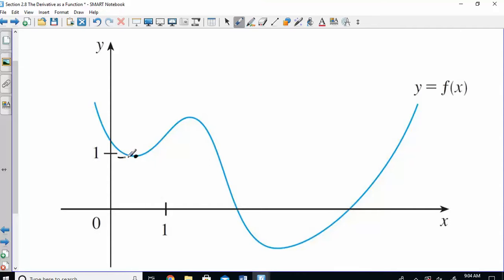Yeah, it would just be straight across. If you have a horizontal line, what's the slope? 0. So right there, the slope of the tangent line would be 0, so my derivative is going to be 0. Right here, the slope of the tangent line is 0. So again, my derivative will be 0.